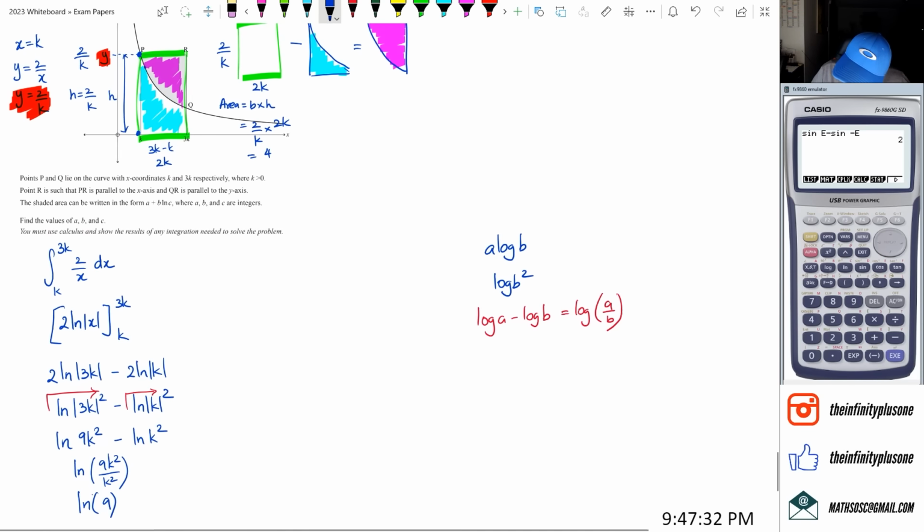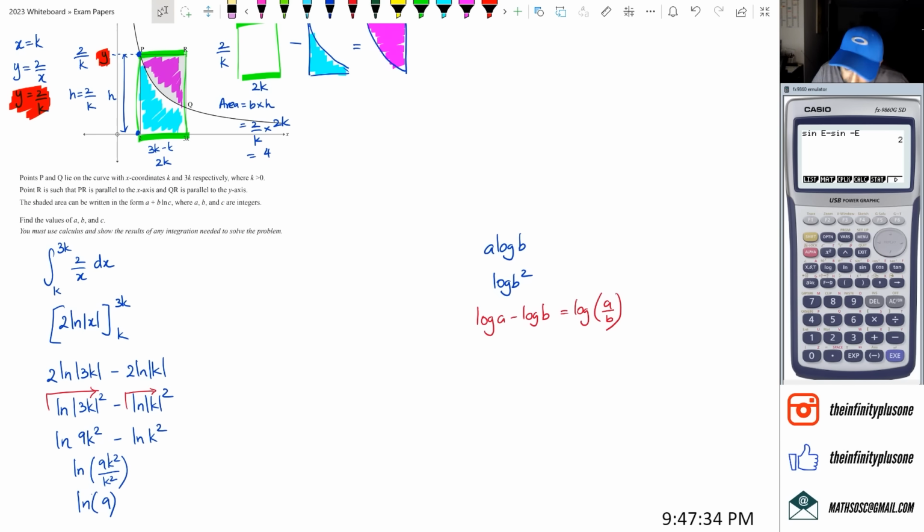So if I look at the area of the blue area, that's just going to be ln of 9. So how do I write this? Shaded area is rectangle minus the little curvy bit. So rectangle is 4 minus ln of 9.